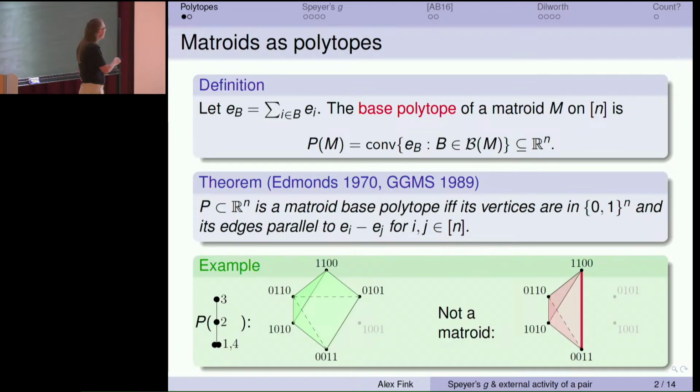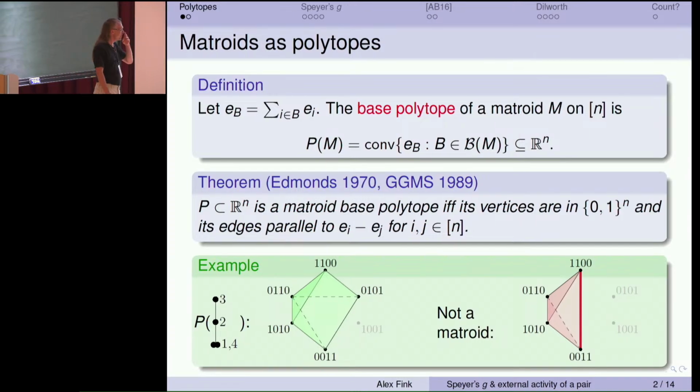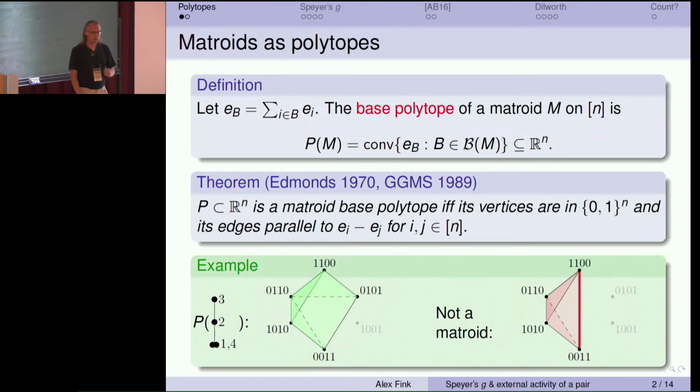I will start with the perspective of matroids as polytopes, which thankfully both Graham and Jose introduced yesterday. So maybe by the third time, if you haven't seen this, it won't look too intimidating. We can encode matroids as 0, 1 polytopes by taking the convex hull of the 0, 1 indicator vectors of their bases.